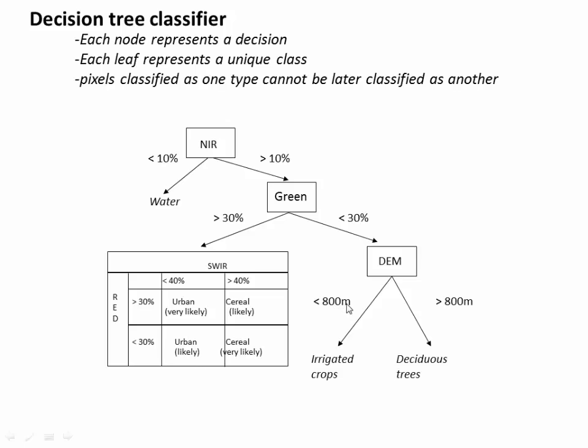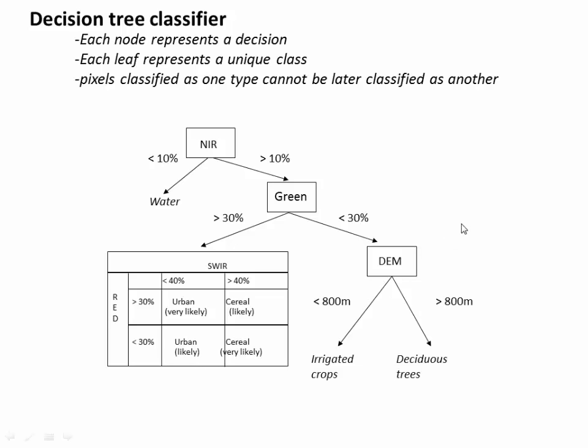If it's less than 800 meters, then it's probably an irrigated agricultural field. If it's greater than 800 meters, then it's probably trees up on a hillside. So using the first question, we established that it was probably some kind of dense vegetation. Then using the second question about elevation, we decided whether it was probably agricultural or a forested hillside. So that's the idea of the decision tree classifier.